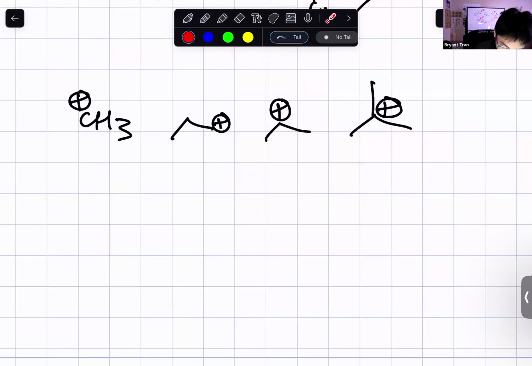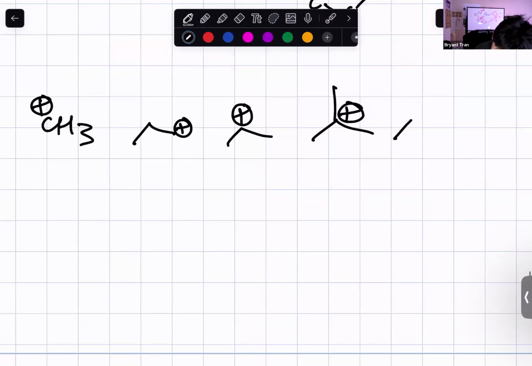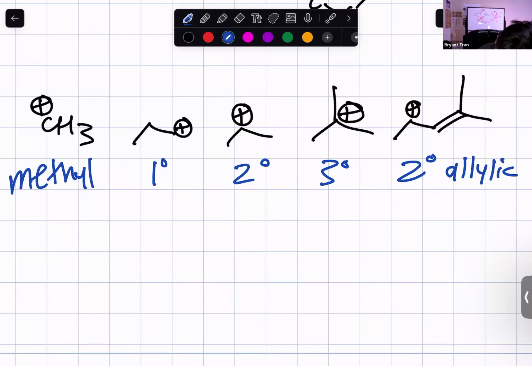So let me just show you this here. Okay. So this is a methyl carbocation. This is a primary carbocation, secondary, tertiary, and this is a secondary allylic carbocation.